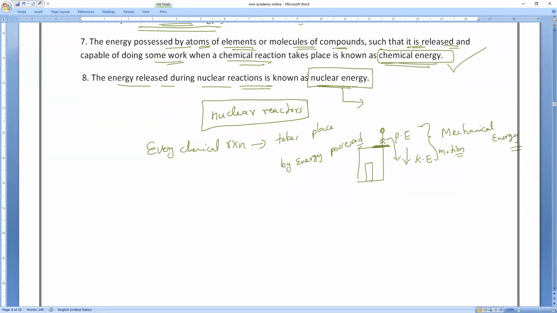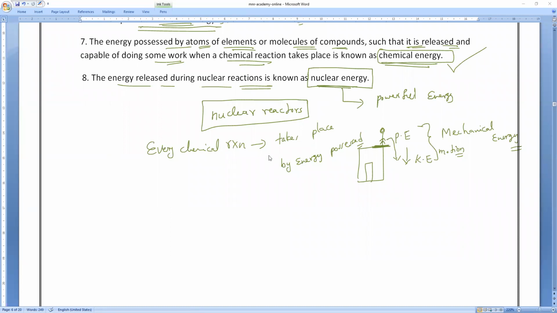Presently, all over the world, nuclear energy is one of the most powerful and most dangerous energies, as you can see in bomb blasts. The energy released during these nuclear reactions is called nuclear energy.